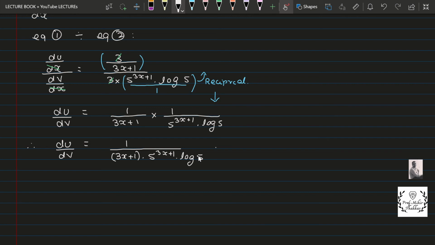So this was the second type of question where we have to take equation 1 divided by equation 2.